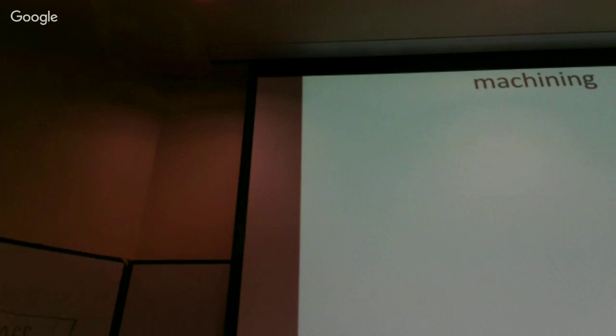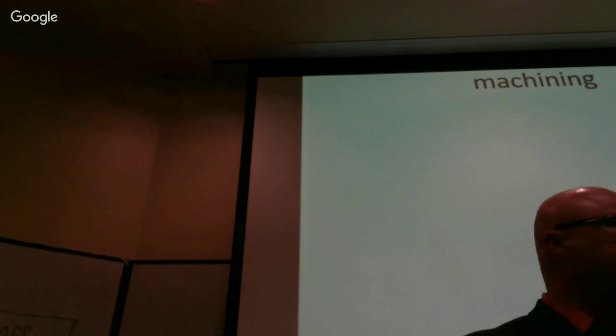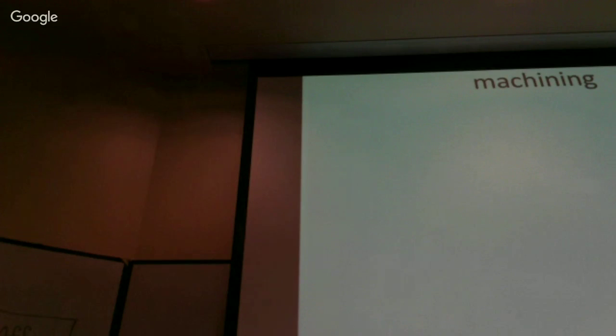Why machining? Once you've figured out the process, it's a relatively fast process. We talked about on the first day where you could do your 3D printing. In 10 to 35 minutes, you could learn enough about how to use a 3D printer so that you can 3D print something that you've created.